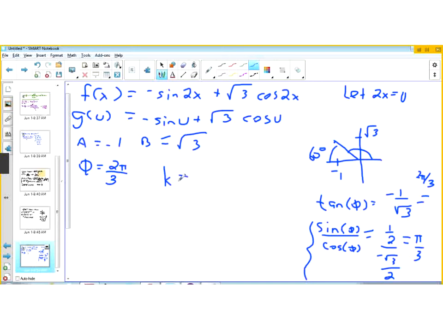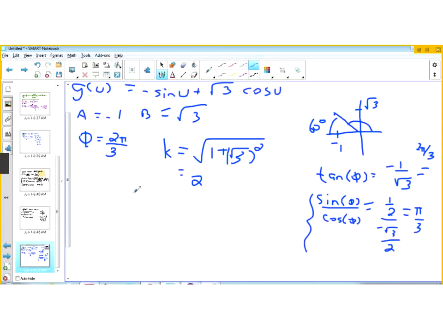So what is our amplitude? We call it k. So that would be the square root of 1 squared plus the square root of 3 squared. So that would be 2. Okay. So now our g of u would equal 2 times the sine of u plus 2 pi over 3.